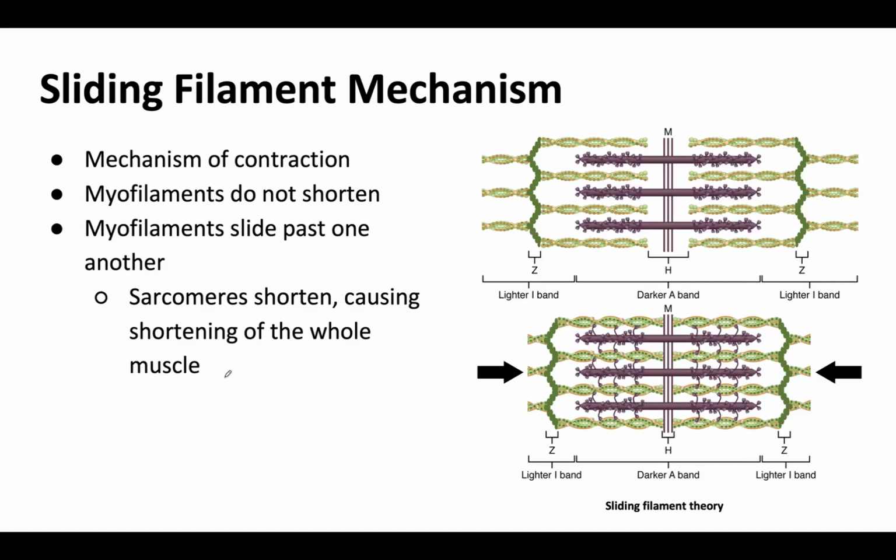And it's important to note that a myofilament, those thick and those thin filaments, they don't actually shorten. Rather, the thin filaments slide inward and meet at the center of a sarcomere, which is shown in this illustration on the bottom left. So it's the amount of overlap between the filaments that changes. And shortening of the individual sarcomeres will cause shortening of the whole muscle fiber, which in turn leads to shortening of the entire muscle.